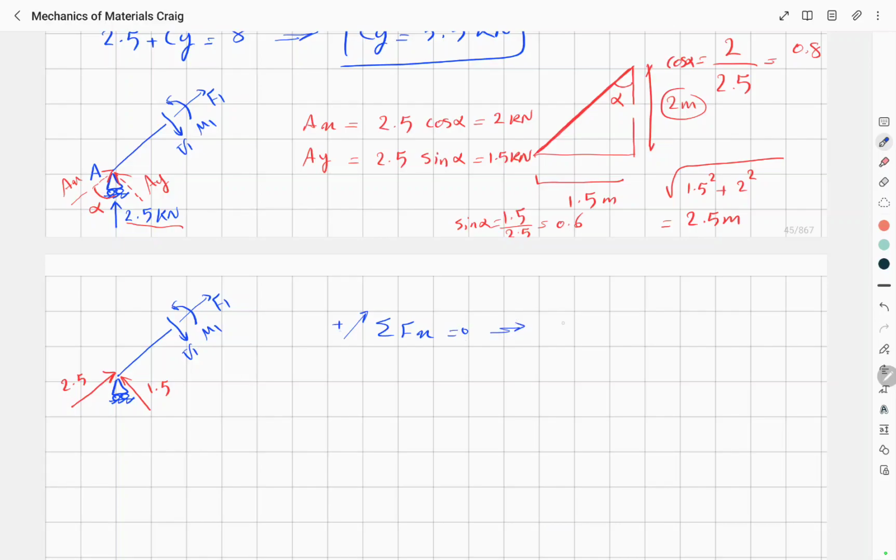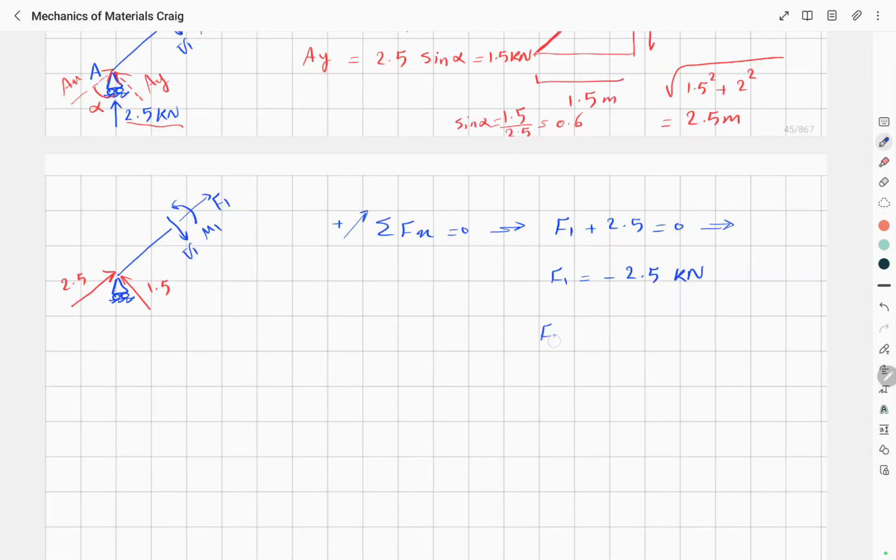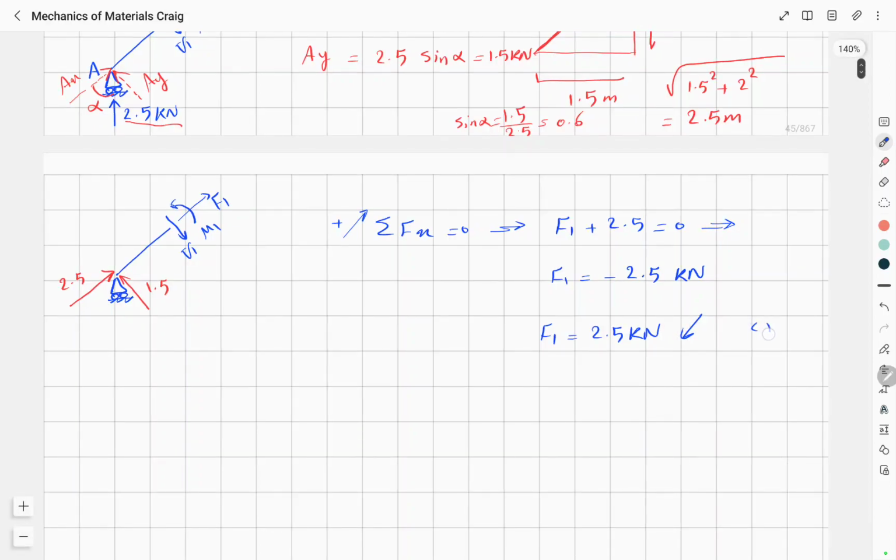And if we write sigma Fx in this direction, F1 plus 2.5 is equal to 0. So F1 is equal to minus 2.5 kN. Or we can write F1 is equal to 2.5 kN in this direction, which means that the member is in compression.